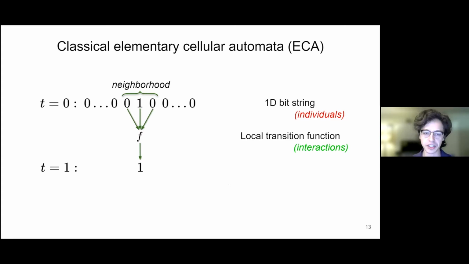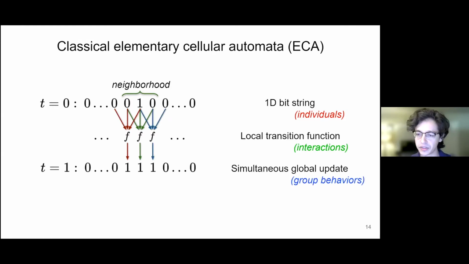This function takes as input the state of some center bit and its two neighbors, and gives as output the state of the center site in that neighborhood. Those local transition functions are simultaneously applied to all of the bits in the bit string, and then this process is repeated to generate time steps, and that will result in those collective group behaviors.